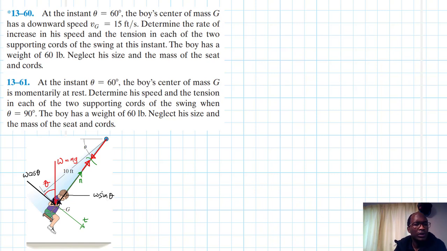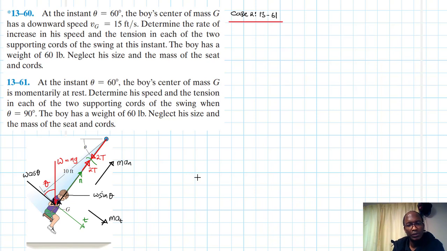Now let's write down the equations of motion. We are on case number 2; we already solved the first case, and the one we are working on is 13-61. Of course, we need to find the velocity first for us to find the tension.